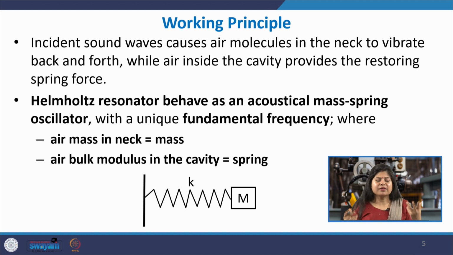The air, by default, is a compressible medium, and it has a resistance to compression, and similarly it has its own resistance to expansion.